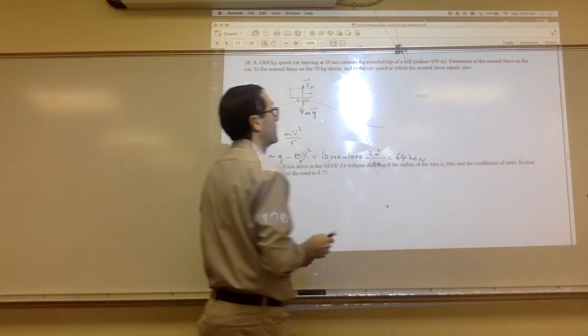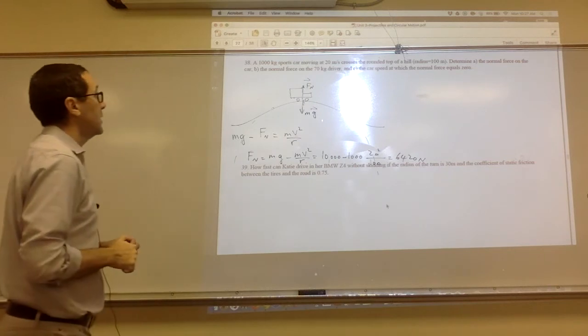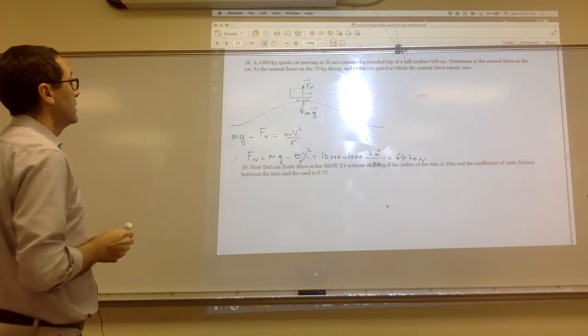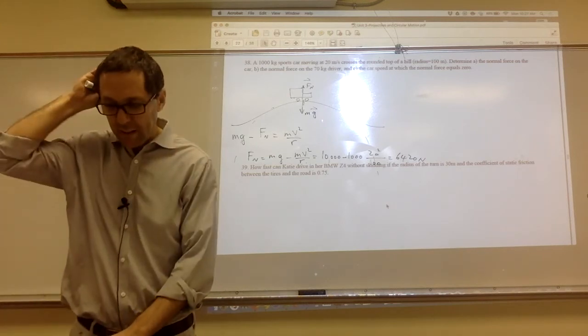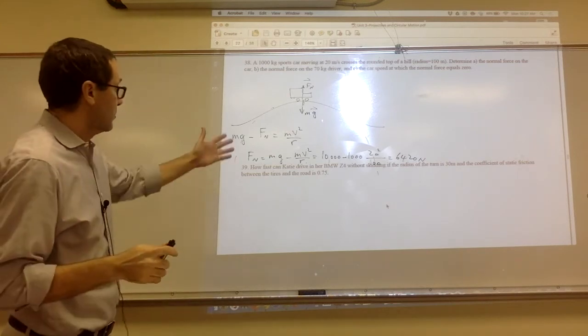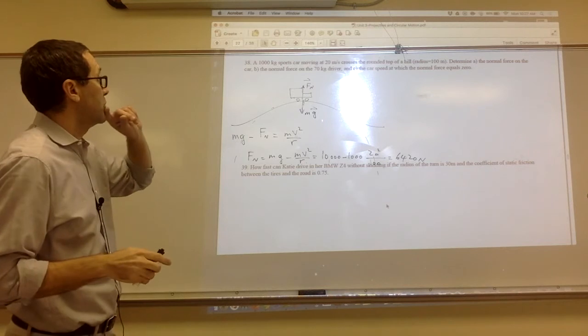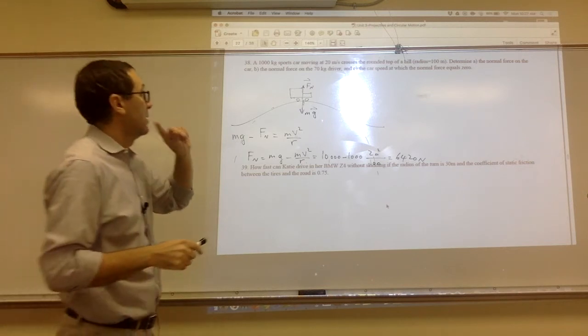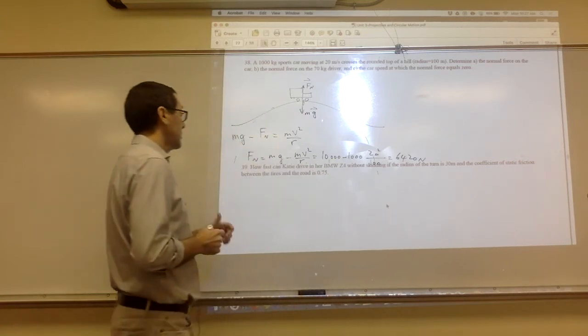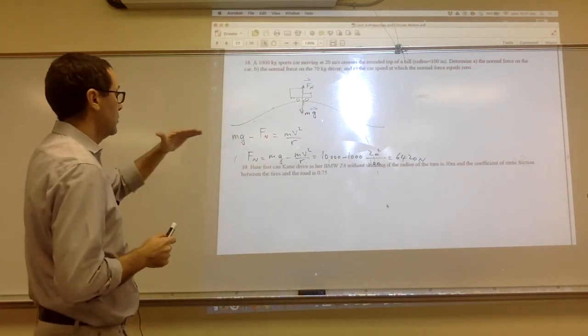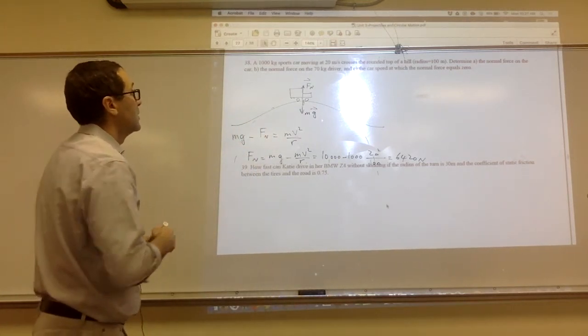Okay. The normal force on the 70 kilogram driver: you do the same exact thing as in part A, except now instead of using the mass of the whole car, you just concentrate on the driver. And the speed at which the normal force equals 0, in other words, how fast you have to be going so that you lose contact with the road.